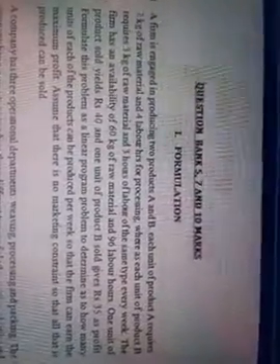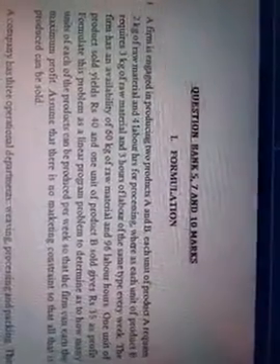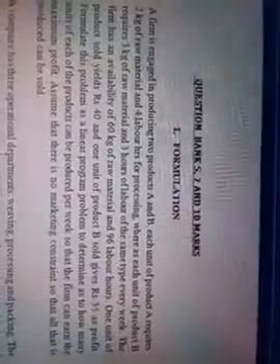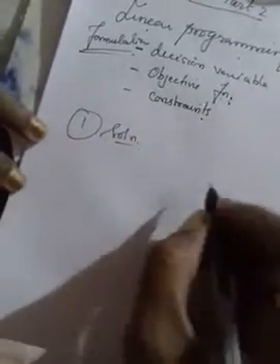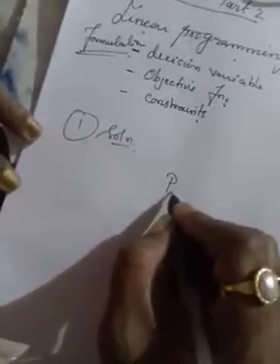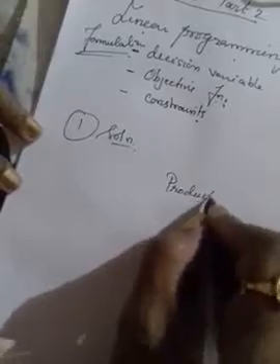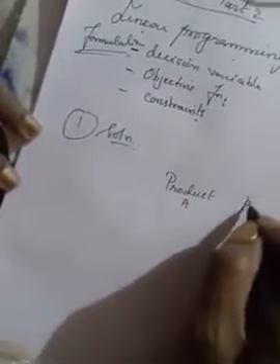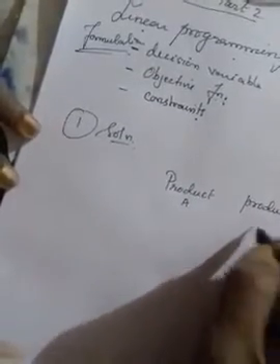Now we are going to formulate this problem first. Okay, so the first problem solution. How many products is the company going to manufacture? Two products, product A and product B. It is given in terms of a statement, no?